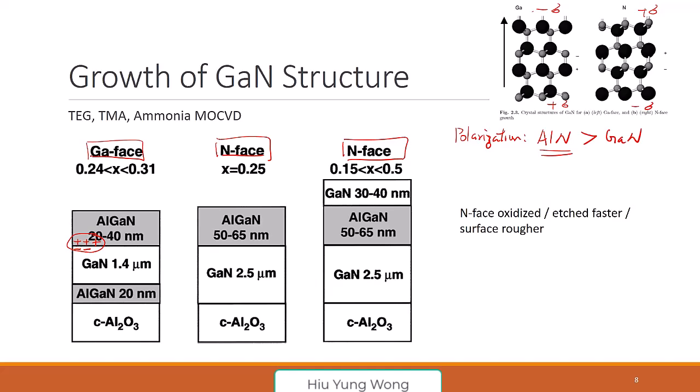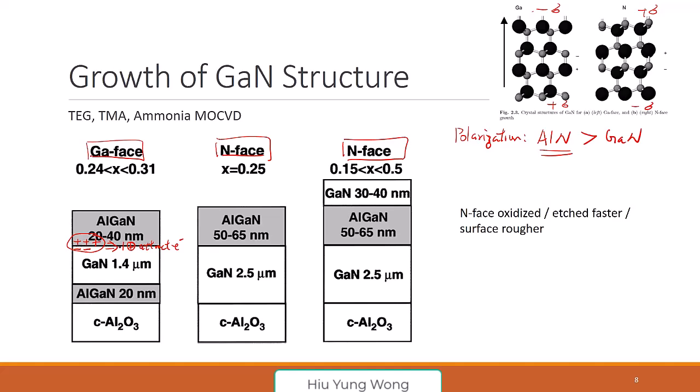Neutral? I have 3 plus and 2 minus. What is the net charge? 1 positive, right? So then it is going to attract electrons. So you are going to have electrons along this interface. That is how you generate the channel in a gallium nitride device.